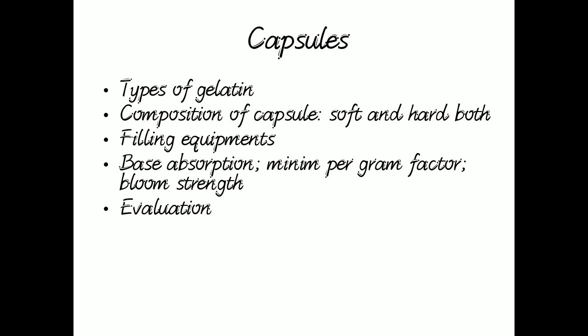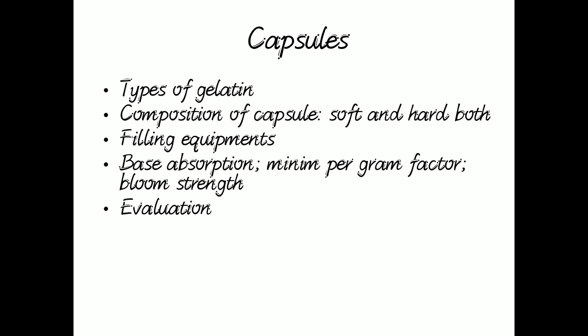The viscosity of the gelatin solution is used to control the thickness of the film or sheet that is being produced for the capsules. Okay, so the type of gelatin, then the composition of capsule, like soft or hard, how they are different. The basic component which is added along with the gelatin is the plasticizer, which will make the gelatin film more soft or flexible.